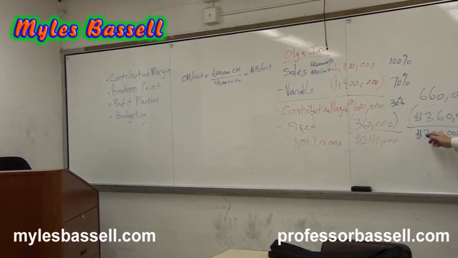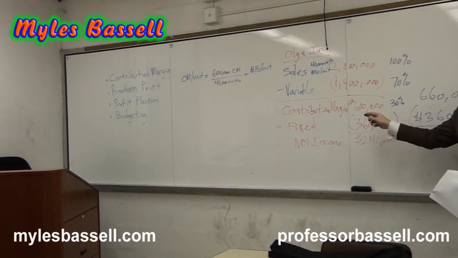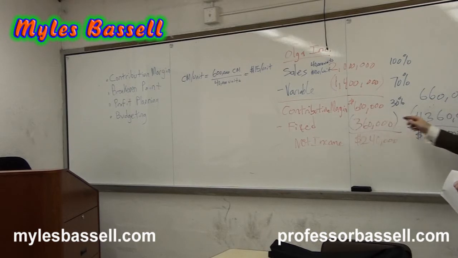So we're told that the target net income is 300,000. Fixed costs stay the same; fixed costs are costs that are fixed. But what we don't know is what the contribution margin is. So algebraically, we just solve: contribution margin minus the fixed cost is net income.